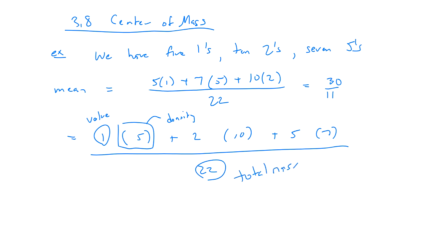So the 1 times 5 here is equivalent to saying, well, I have these numbers 1 of density 5, or weight 5, if you want weight better. And so the weight of those numbers is 5. And same thing with 2, same thing with 5. So this is kind of the background, which is center of mass is coming from average. So let me go back to an example.